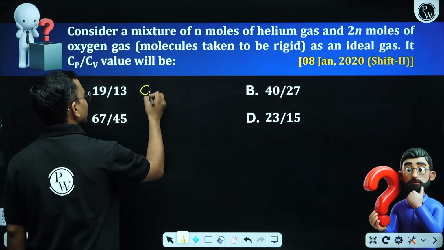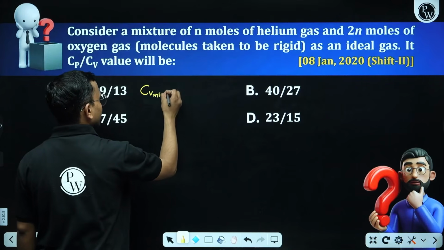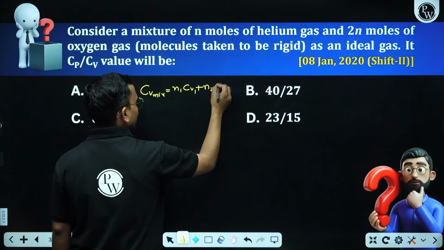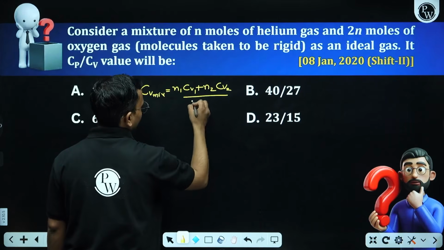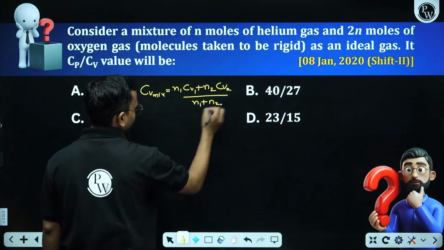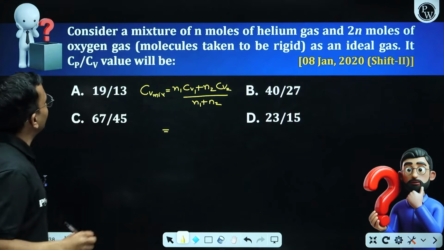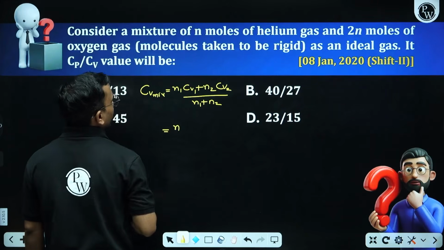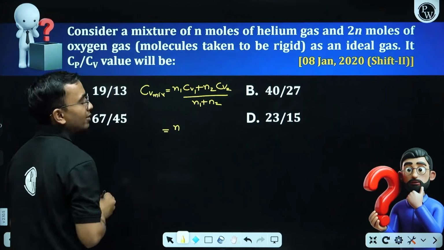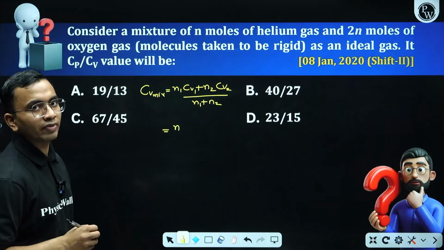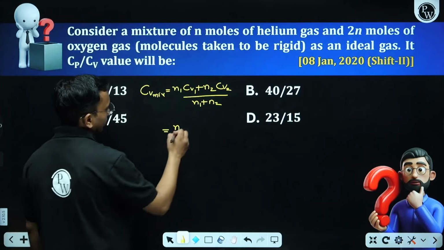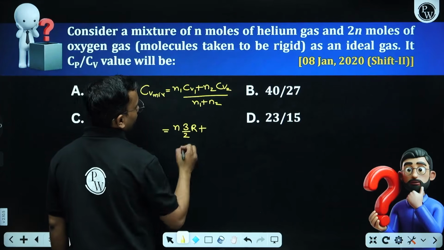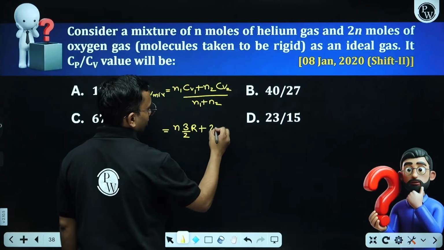CV mixture is equal to N1 CV1 plus N2 CV2 divided by N1 plus N2. What is N1? N moles of helium gas. Helium gas is a monoatomic gas, so the CV is 3 by 2R.